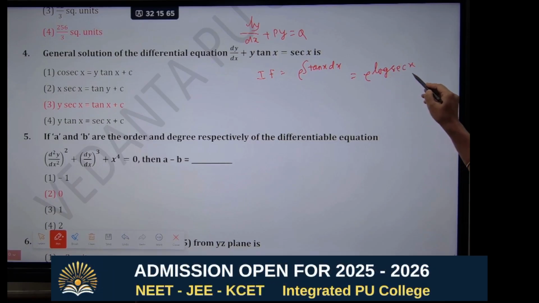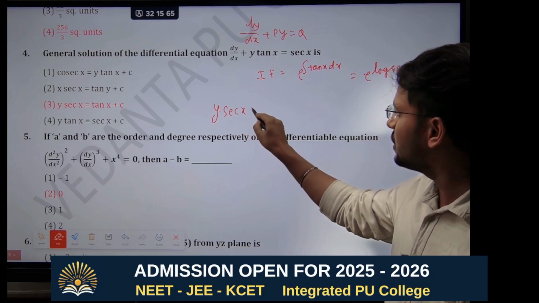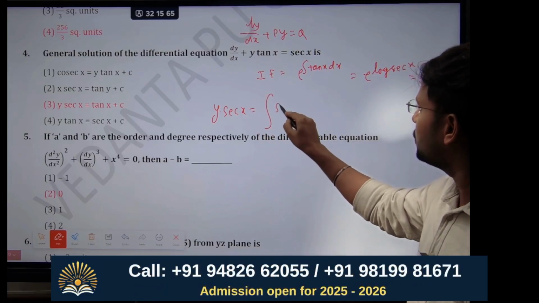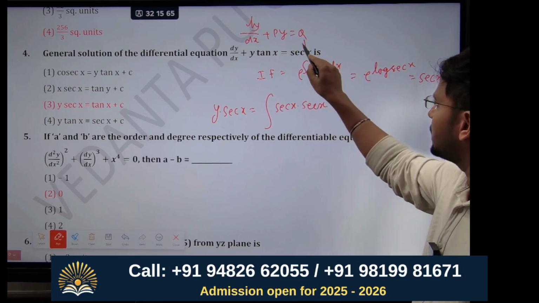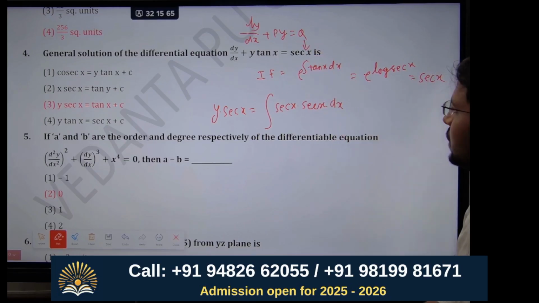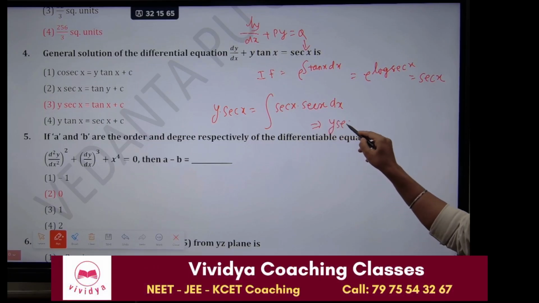And since this is log, it will be sec x. Integrating factor is sec x. Now what is the solution? So y into integrating factor is equal to integration of Q into integrating factor. This Q is sec x into dx. So this is sec square x, and integration of sec square x is tan x.